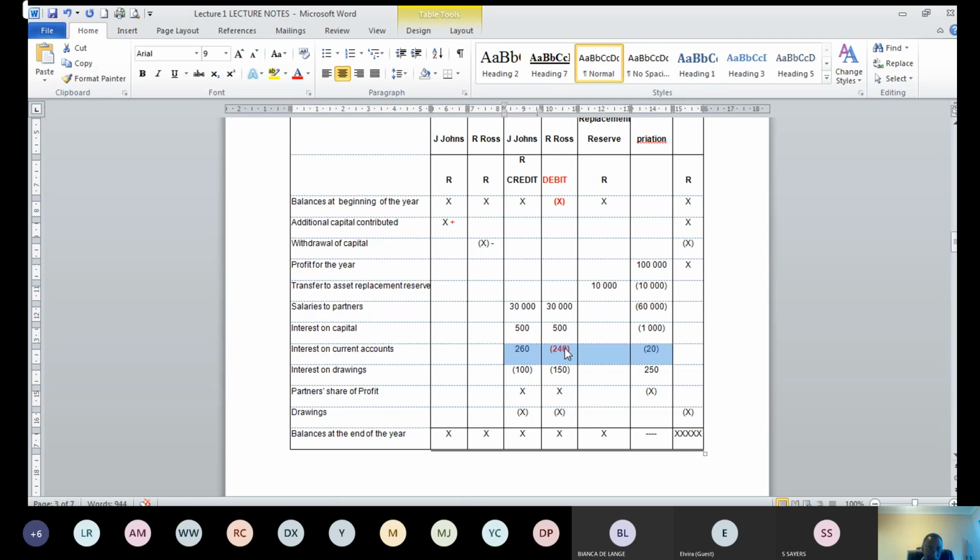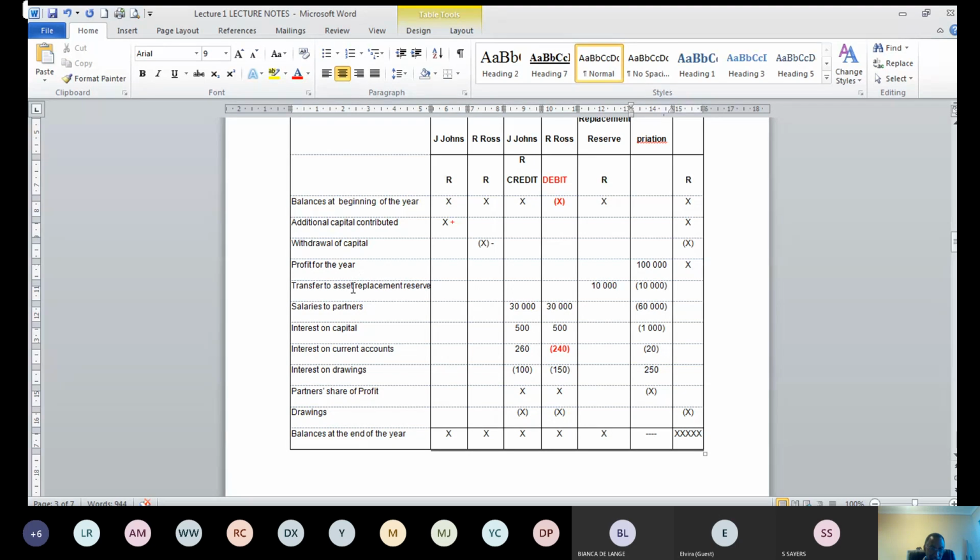Ross is going to pay in 240 Rand because he's got a debit balance. So the business is paying out 260, getting in 240. Therefore, the net effect would be a minus 20. We are paying out 260, we are receiving in 240, so the net effect is a minus 20.